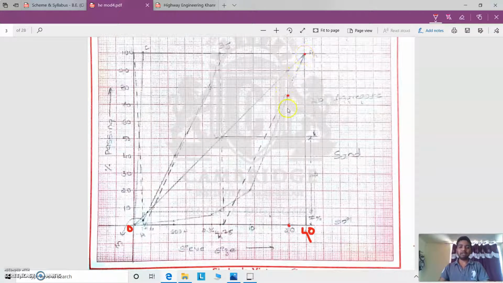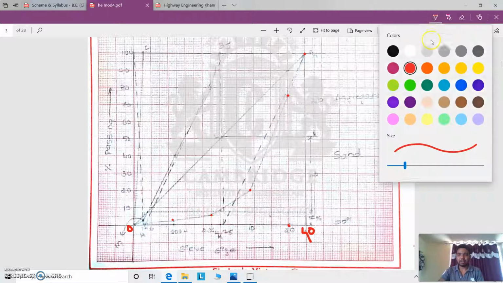For 40 mm we have 100% passing, right? Here is the percentage passing, and here the sieve sizes. For 40 mm sieve size 100% is passing, and for 20 mm sieve size 75% is passing. Similarly, for different sieve sizes we have different percentage passings. That is what we have considered in these points, right?